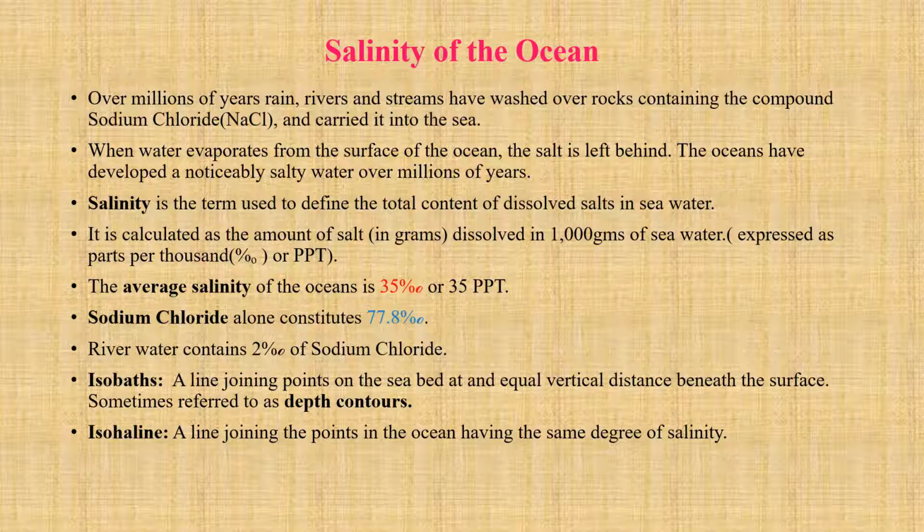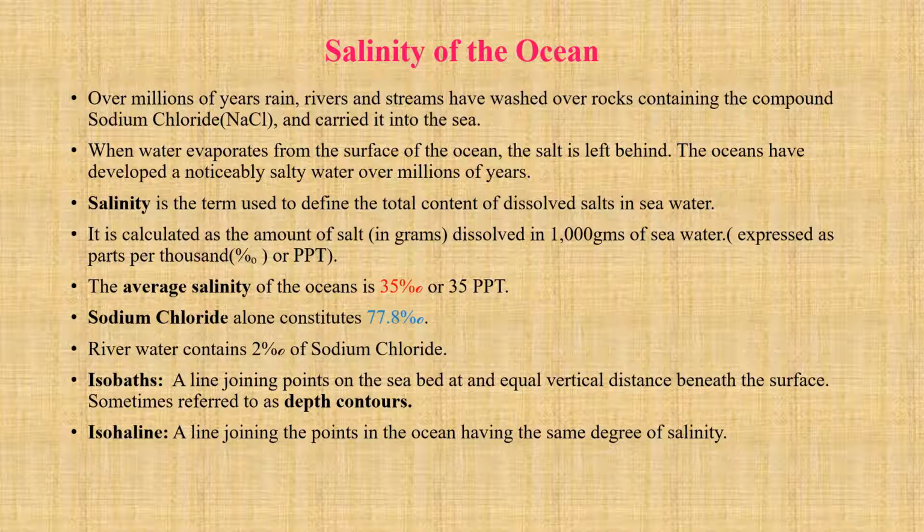So in the same way, there are isobaths. In the earlier classes, you might have heard about this word, isobaths. Isobaths are nothing but lines joining points on the seabed at an equal vertical distance from the surface, sometimes referred to as depth contours. In the 7th class, you studied about contour lines.